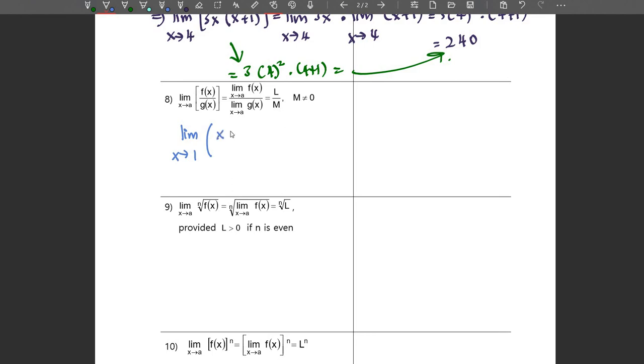Here is (x + 1) divided by 2x, so we can separate them.